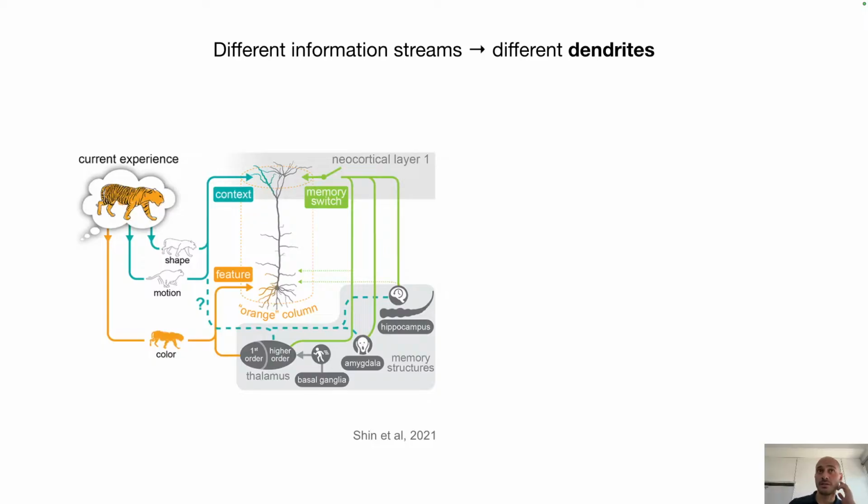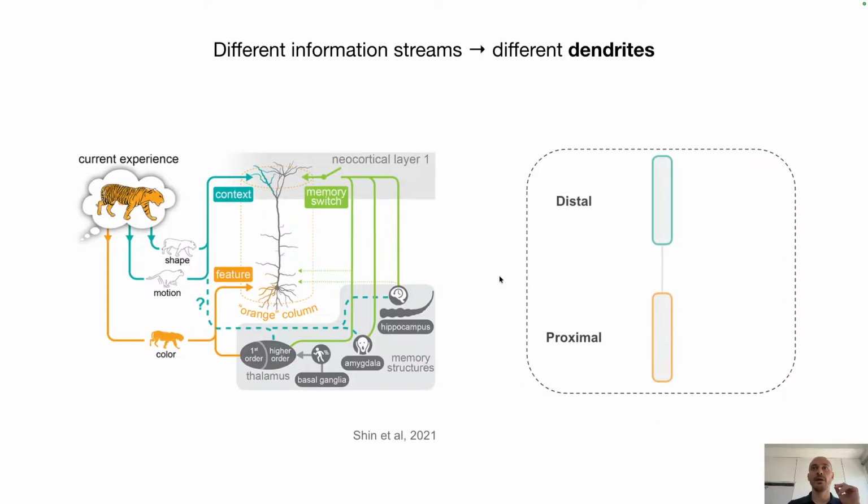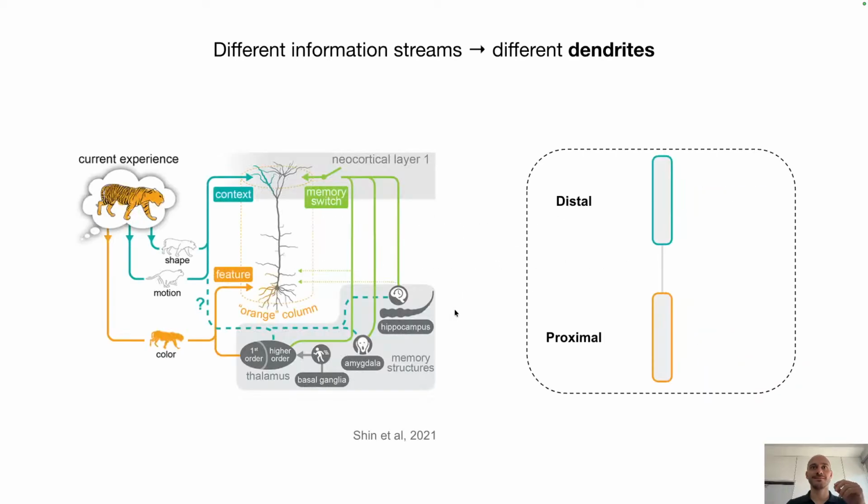For example, here you can see from a cortical neuron that usually more visual information, or more data-like information that captures what happens in the visual cortex, goes proximally to the dendrite, whereas more contextual information, such as inputs from the hippocampus or other brain regions, goes distally to the apical tuft of a neuron.